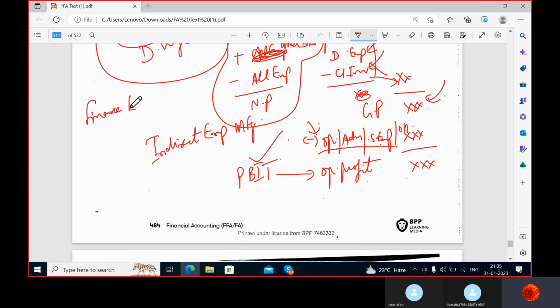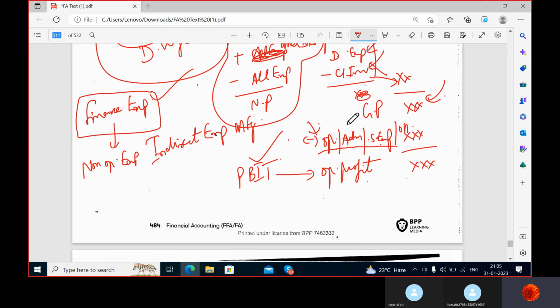What are they called? Finance expenses. Finance expenses are also called non-operating expenses. But why? Because if you are paying salary to your employee, he is working in your company. Of course, that's an operating nature expense for you.